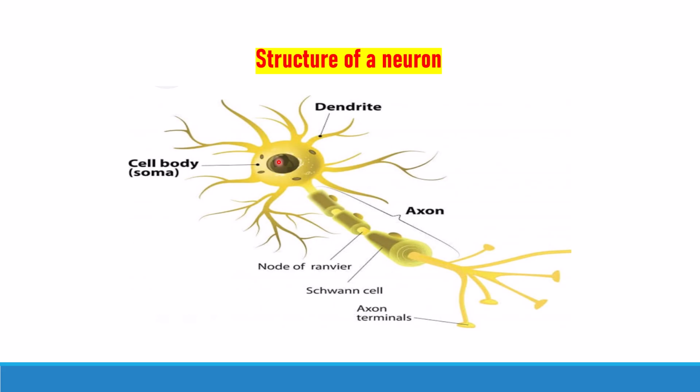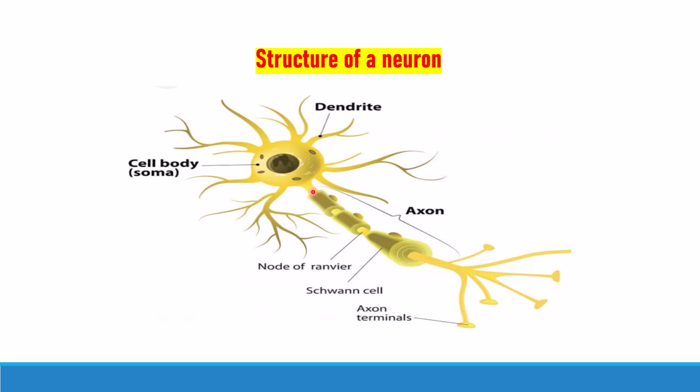Inside the cell body or soma, there is a nucleus. This portion is known as nucleus, which contains the DNA or the genetic material of the cell. The soma takes all the information from the dendrites and puts it together in an area called the axon hillock.